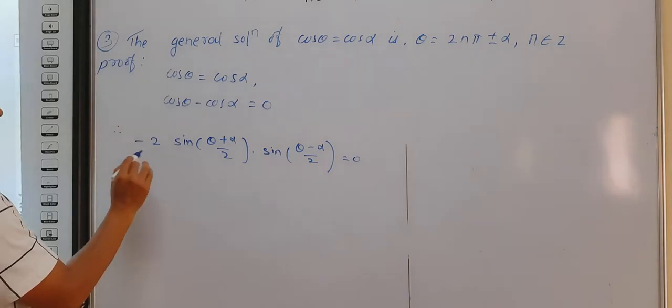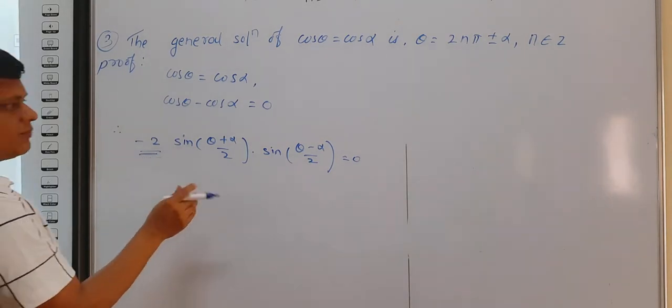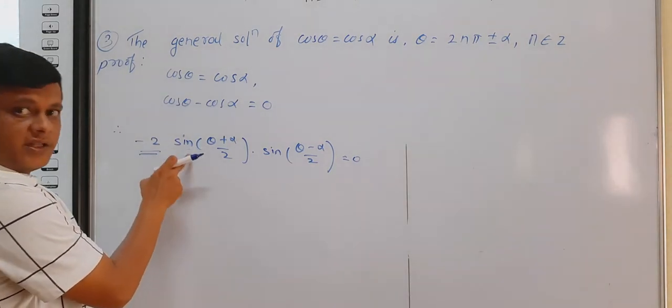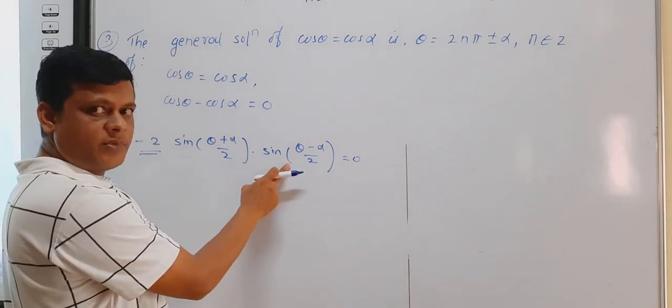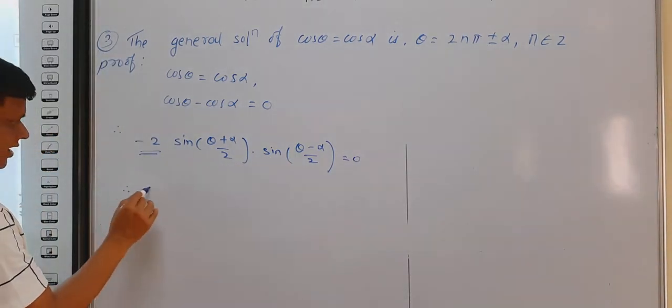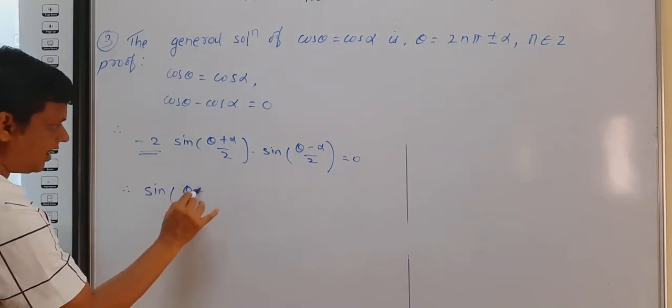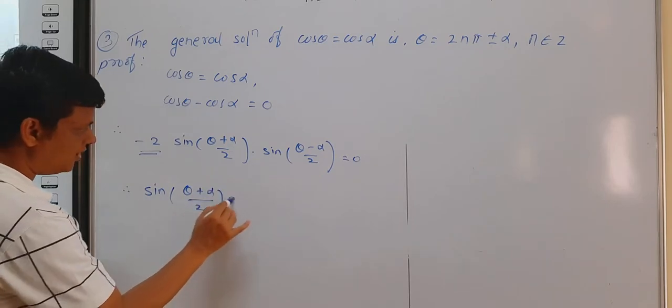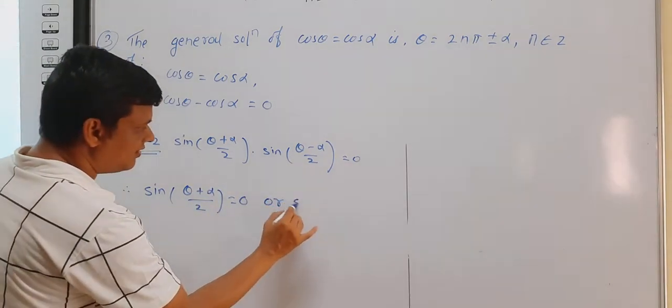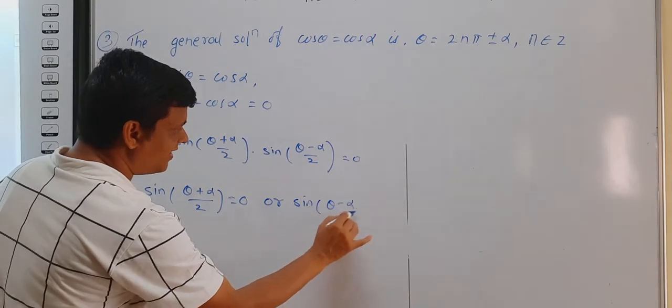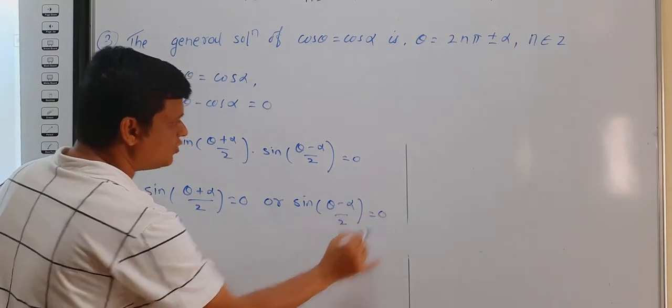We know that minus 2 is not 0. That means the possibility is this term equals 0 or this term equals 0. So we write here sin (theta plus alpha) by 2 equals 0 or sin (theta minus alpha) by 2 equals 0.